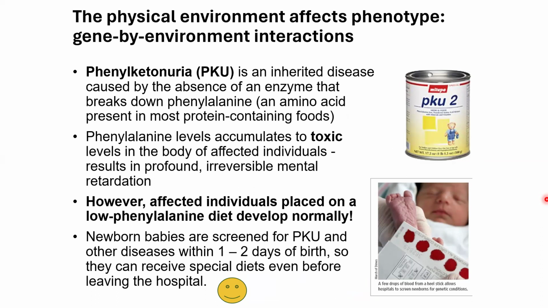One example is phenylketonuria, an inherited disease caused by the absence of an enzyme that breaks down a specific amino acid called phenylalanine, which is contained in most protein-containing foods. If phenylalanine levels accumulate to toxic levels, it ends up with irreversible mental retardation and developmental issues.